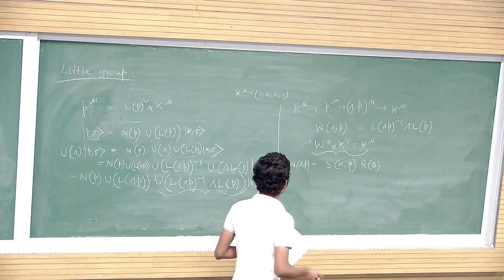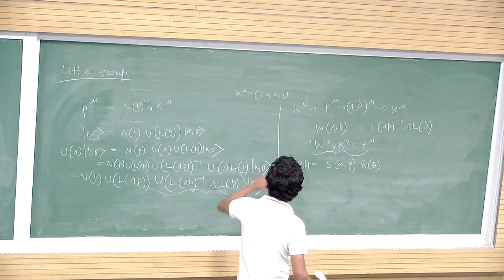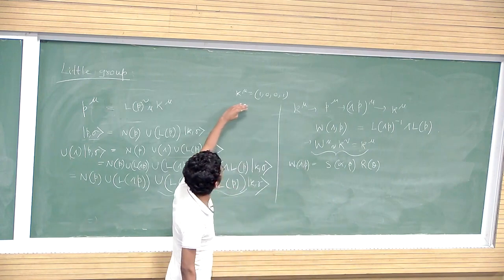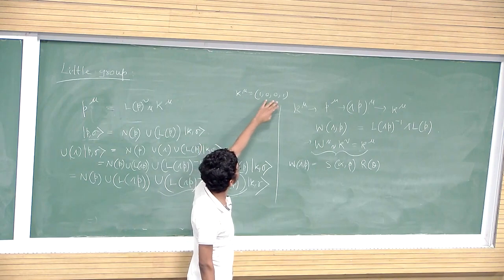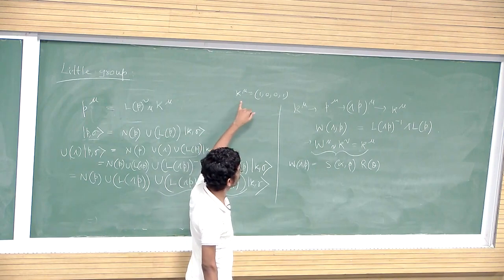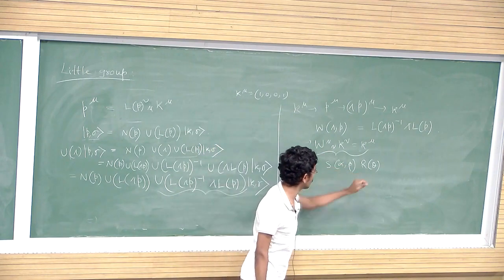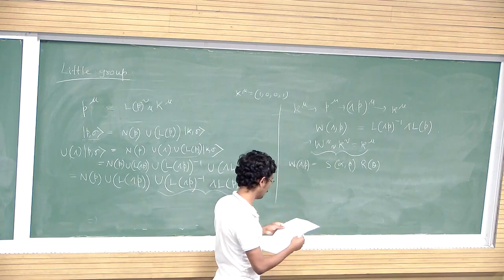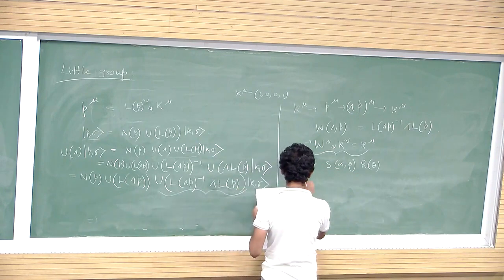This R of theta should be clear from this 4-vector itself. If you make a rotation in the 1-2 plane, then this vector does not change, which is basically the R of theta. And this S of alpha beta has this particular form.